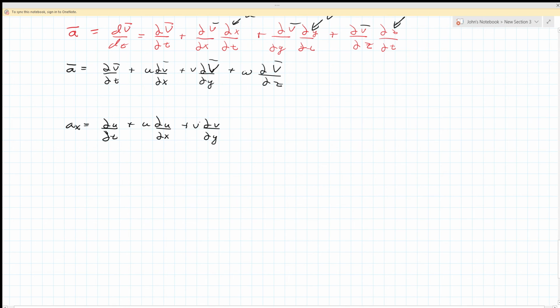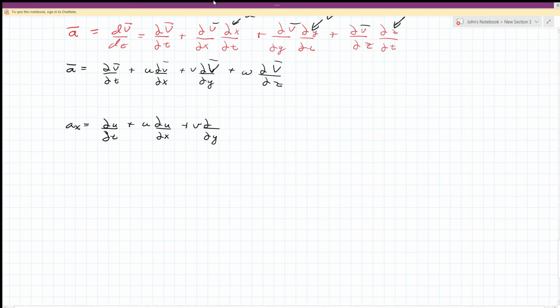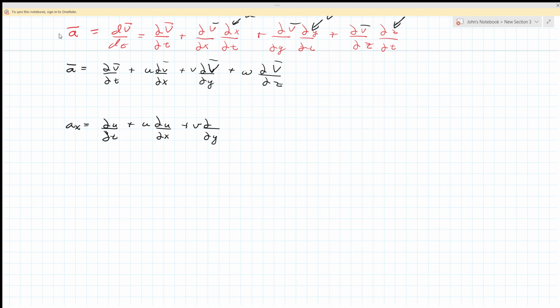Now, that's not the same v, that's my mistake. It's partial u partial x, plus v partial u partial y, plus w partial u partial z.